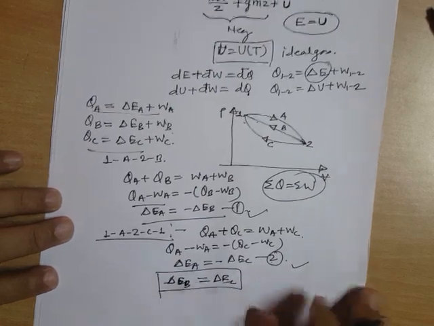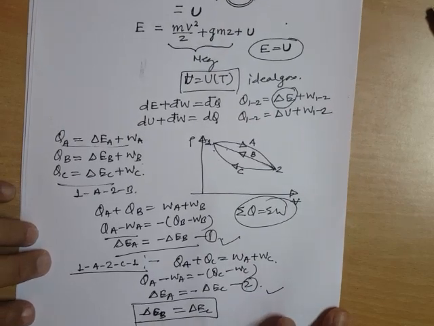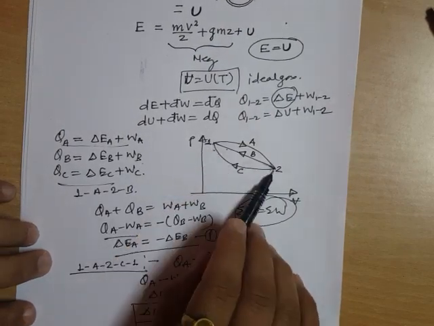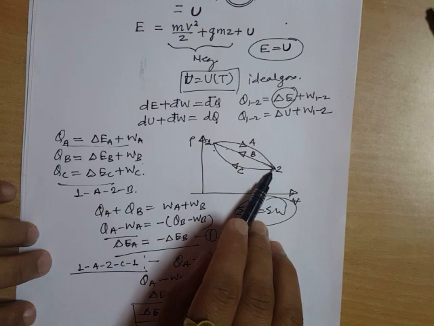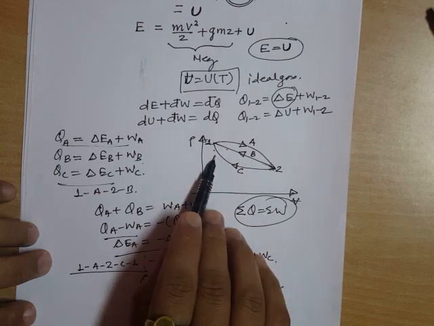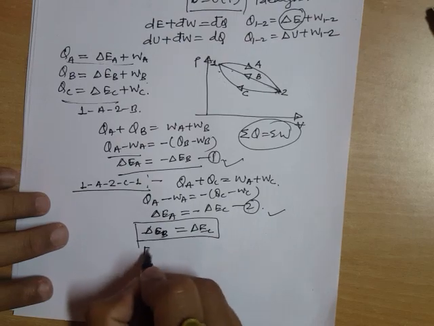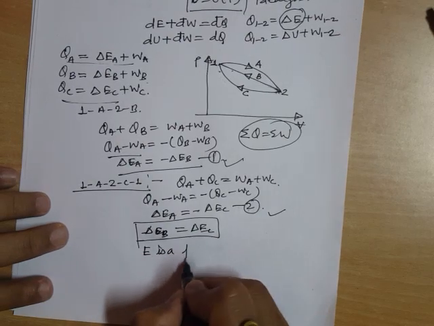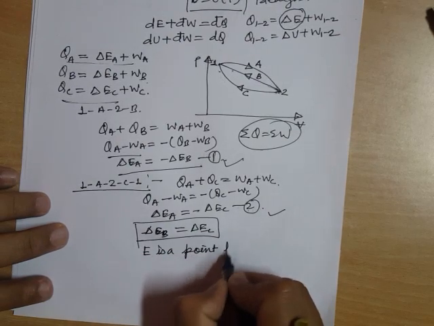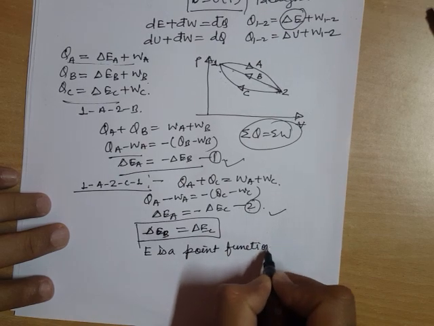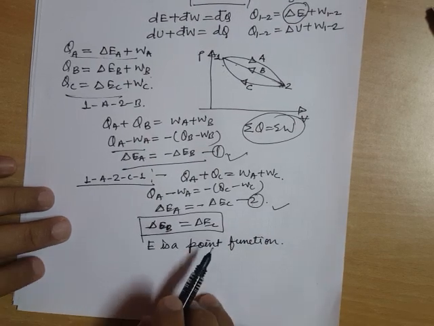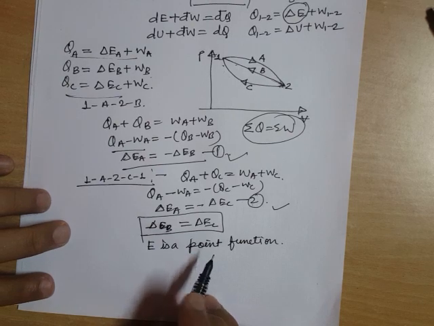This means that the change in energy from 2 to 1 along path B is the same as the change in energy from 2 to 1 along path C. Hence, E is a point function, that is, it is independent of the path performed by a system.